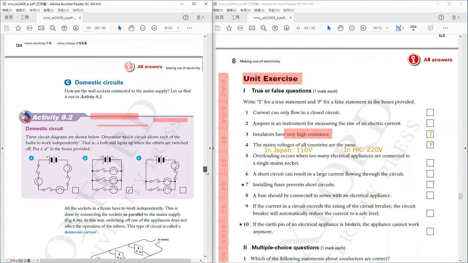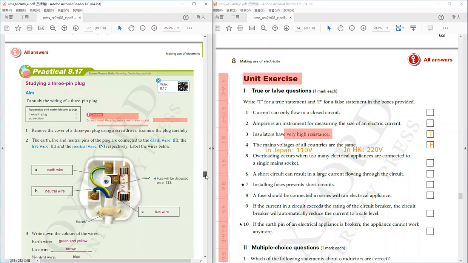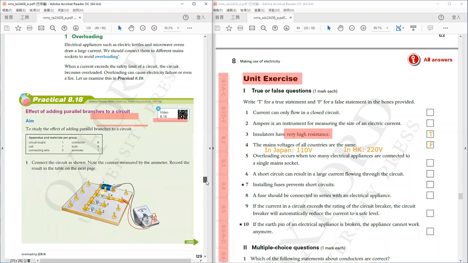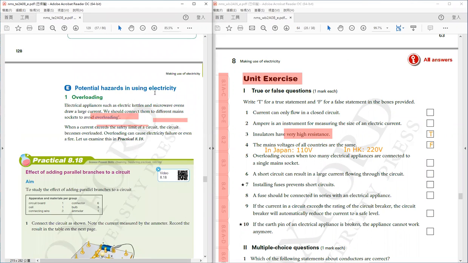Overloading we have covered in chapter 8.6, page 129.